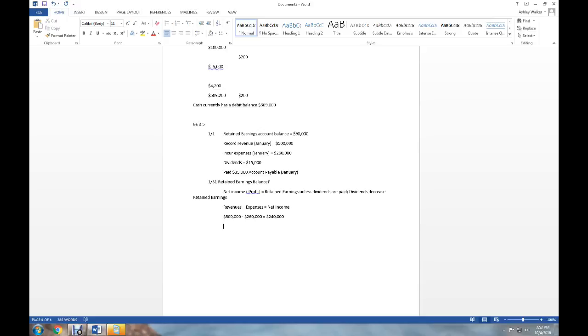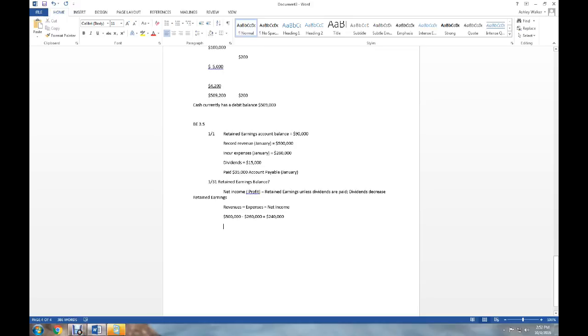However, don't fall prey to that temptation. An account payable is a liability. So does that belong in the income statement? No, because the income statement only carries revenues and expenses. We would record that accounts payable transaction in balance sheet accounts.